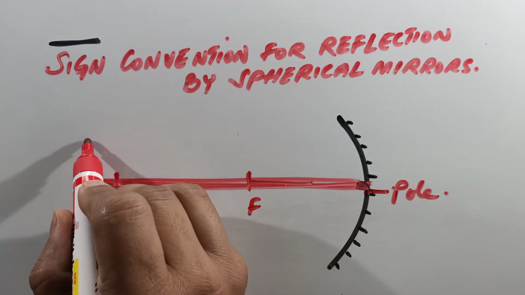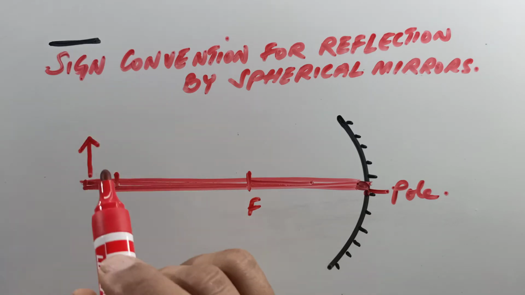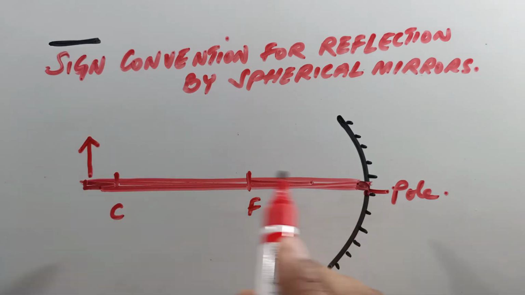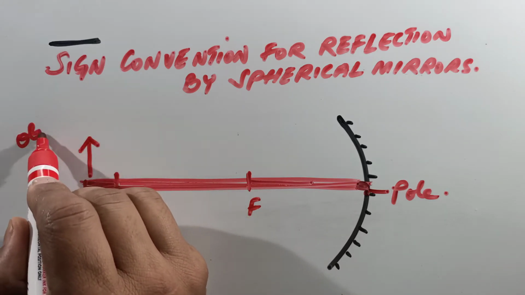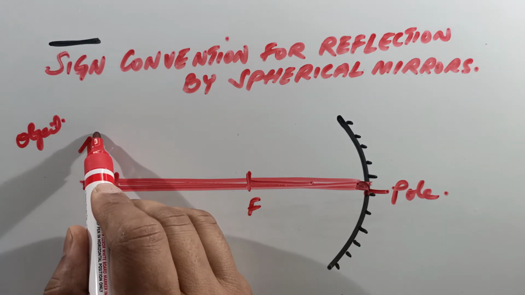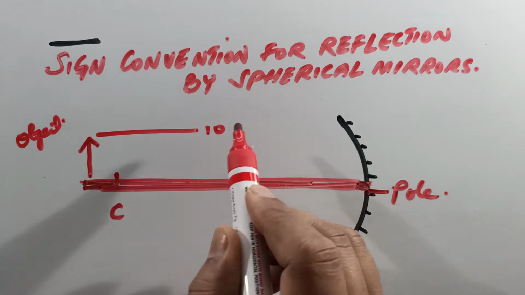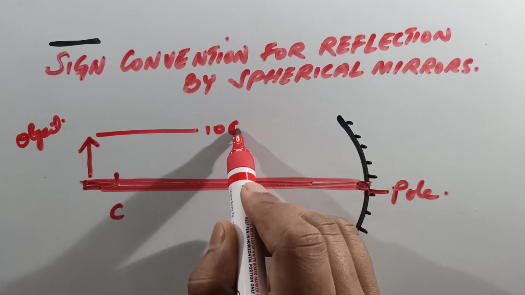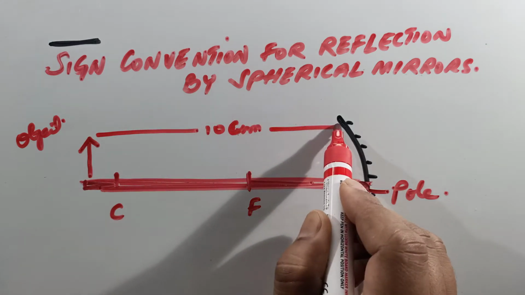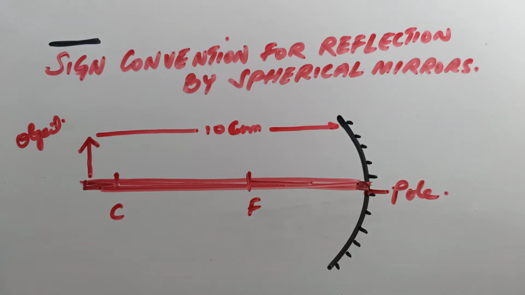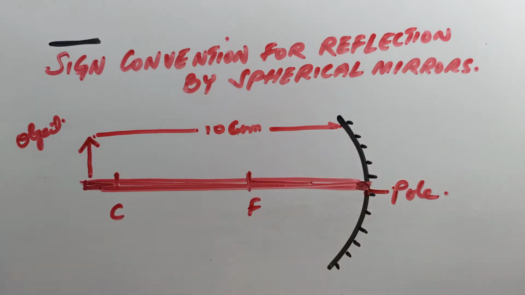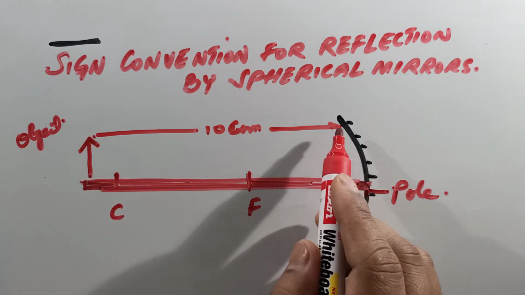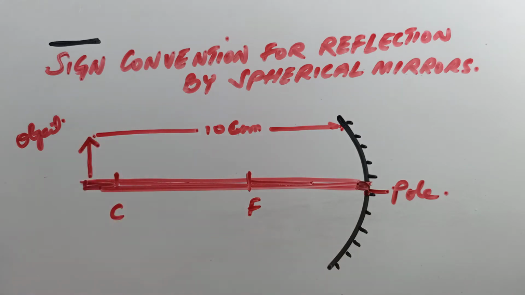Let's say I keep an object here, and this is the pole. The distance between the object and the mirror is, let's say, 10 centimeter. If you measure from here to here, it is also 10, and from here to here is also 10.